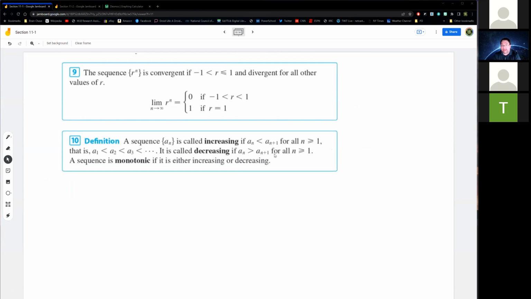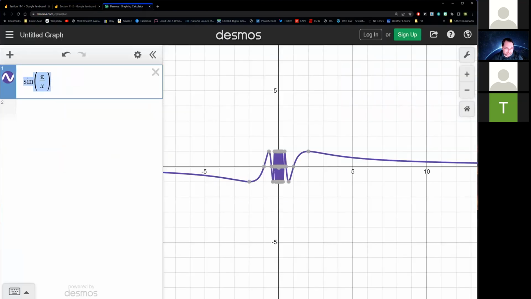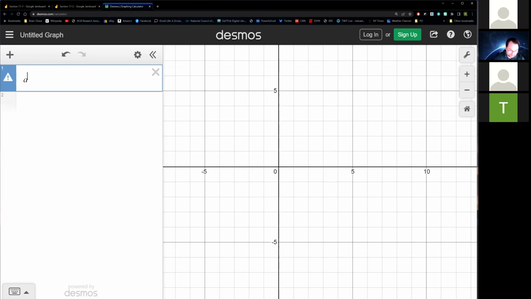It'll converge to 0 between those. If it equals 1, 1 raised to any power is always 1. So it's basically a horizontal line. So it converges to 1. And we can see that if we look at, let's see, A.